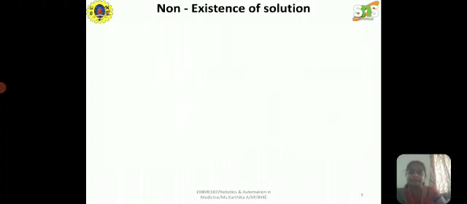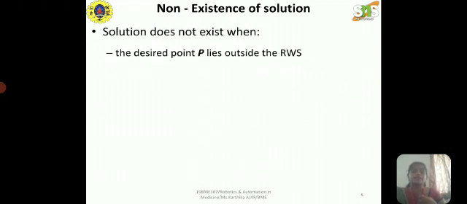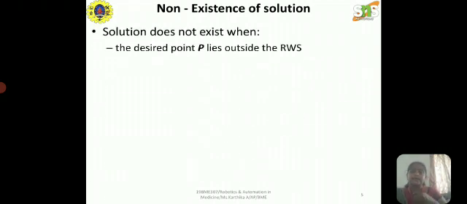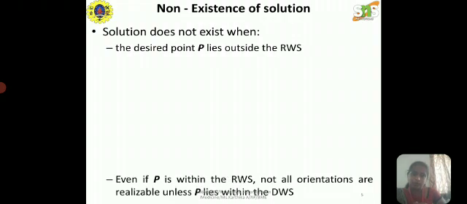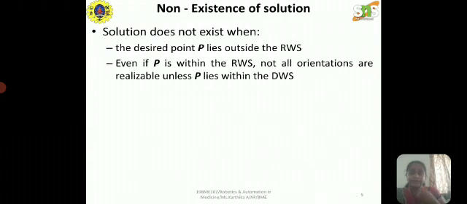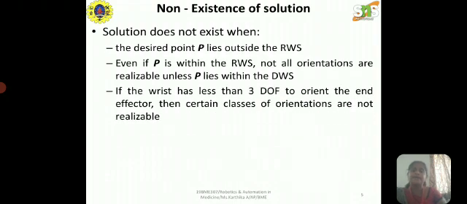For non-existence of a solution: the solution does not exist when the desired point P lies outside the RWS, or even if P is within the RWS, not all orientations are realizable unless P lies within the DWS.